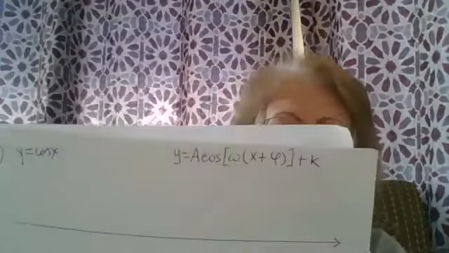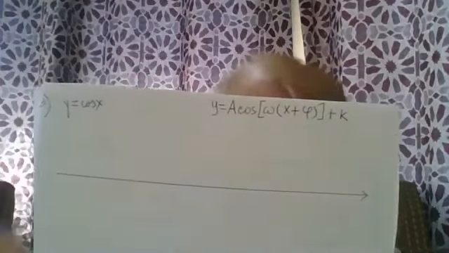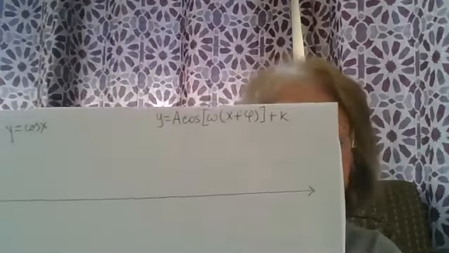We should have x plus phi, close brackets, plus k. You can see it looks absolutely identical, only instead of the symbol of sine, we have the symbol of cosine.